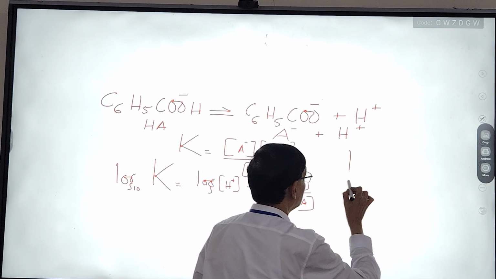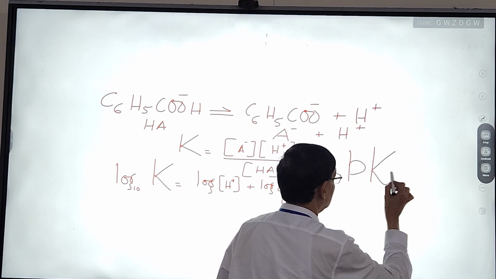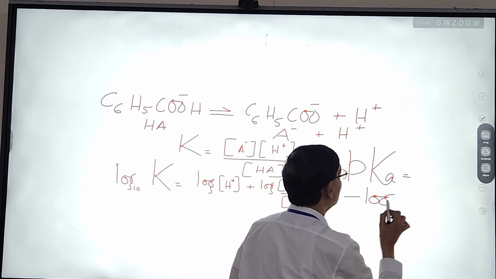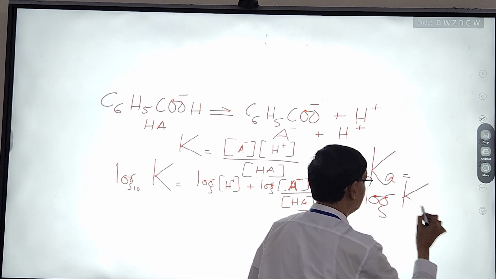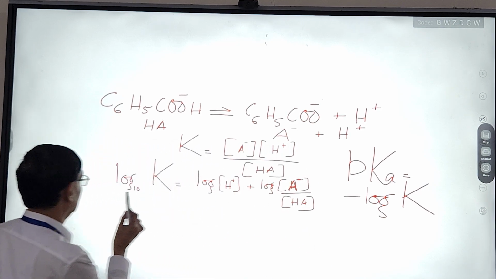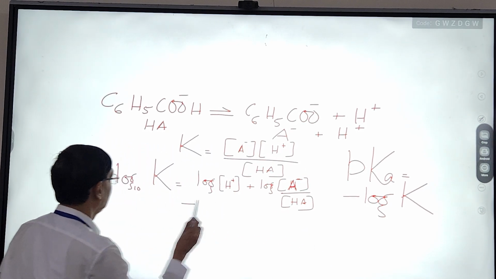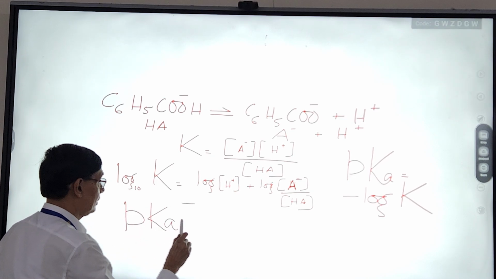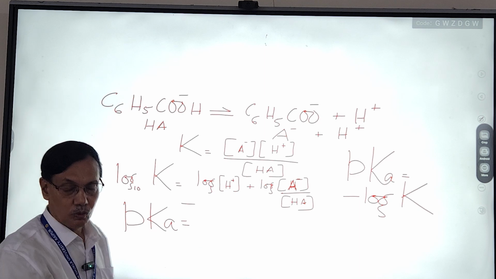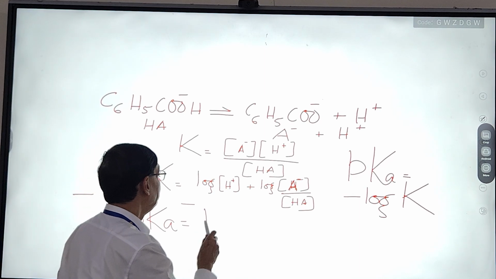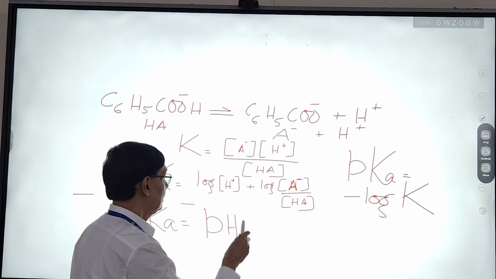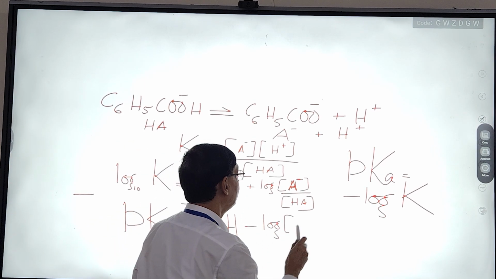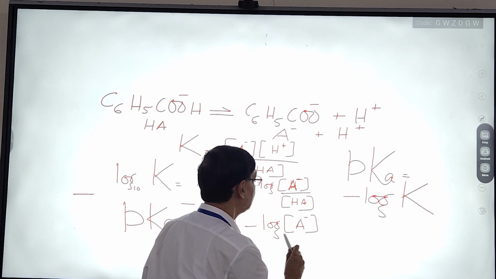And we know that we have to determine the pK. You know pK is equal to minus log of K. So if I convert it into whole negative, it is pK equals minus log of H, you all know that is pH, minus log of conjugate base.